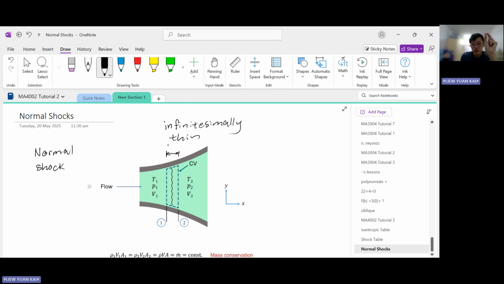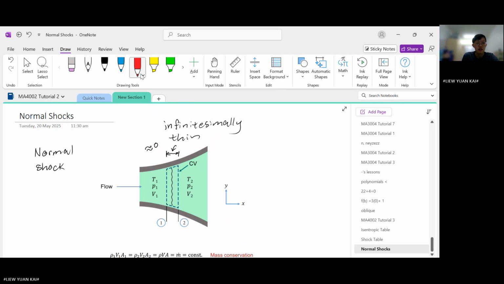That means it's so thin that we consider it almost zero dimension. For all intents and purposes, it's almost zero thickness.